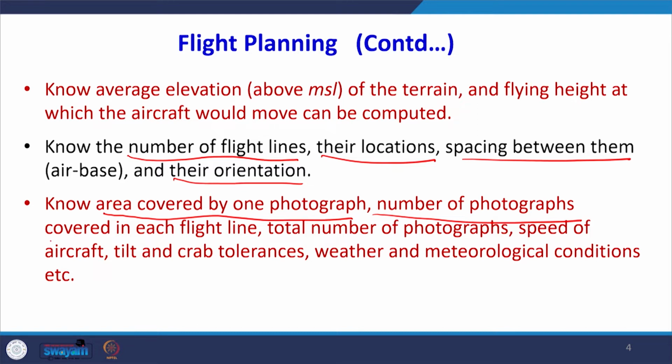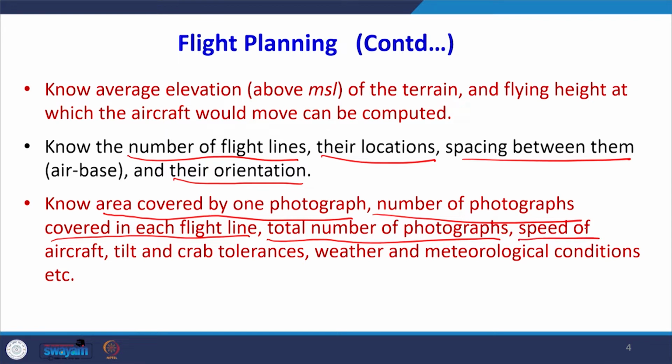There could be more than one flight line to cover my area. Then if I know the number of flight lines, I can calculate the total number of photographs, that is, how many photographs would be required at a particular scale to cover my study area.